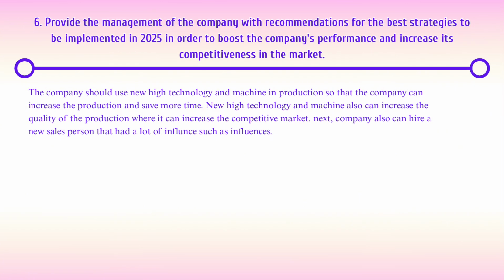This will help increase production efficiency, save time, and improve product quality, which can strengthen the company's position in the market. In addition, the company can enhance its sales performance by hiring a new salesperson with strong influence, such as an individual with a large network or social media presence. The strategy can help expand market reach and attract more customers.